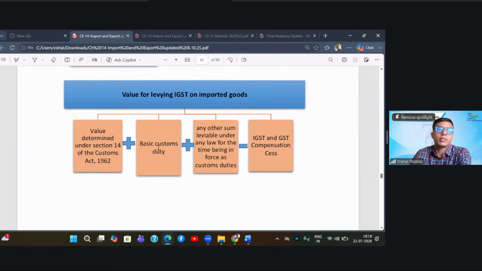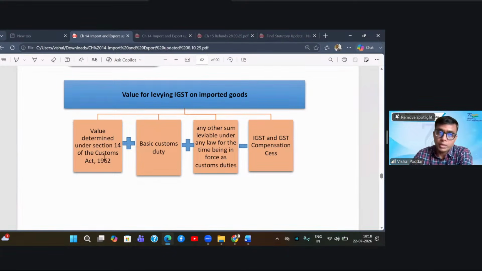In that you will add the basic customs duty, plus any other amount which is leviable under any other law for the time being in force. So all those amounts are to be added, if any. And if the GST component is already included in the value, you'll subtract it, because we always want the value before GST. But what is important to note in the case of imported goods is that the basic customs duty and other similar duties which are levied under customs are all to be included in the customs value.